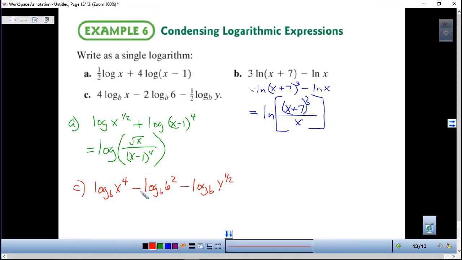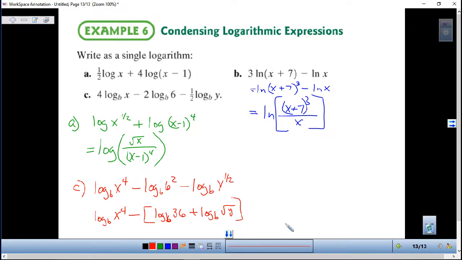So if I factor the negative out of these two, I'm going to have a log base b of x to the 4th minus, and then parentheses, and this one's going to be positive and this one's going to be positive. So log base b of 36 plus log base b of the square root of y.